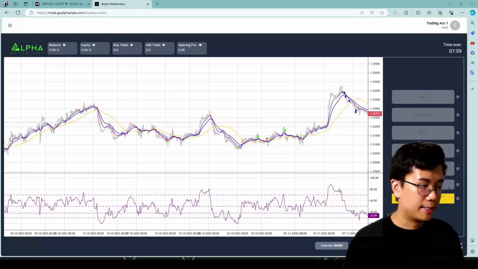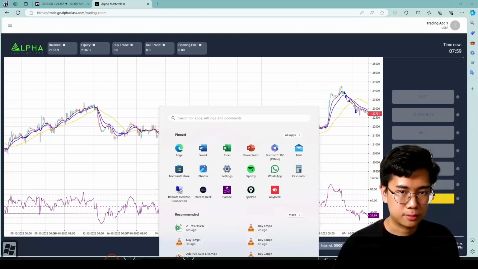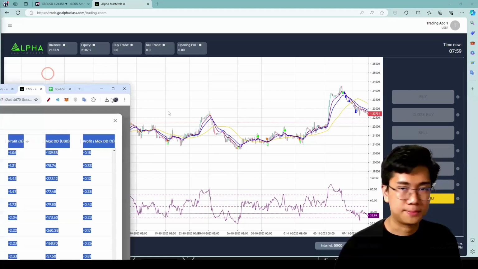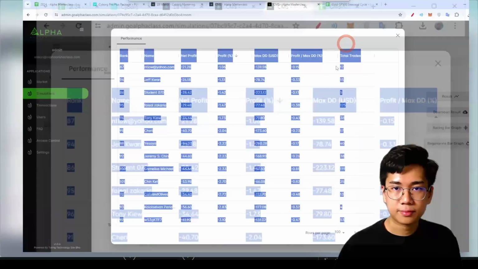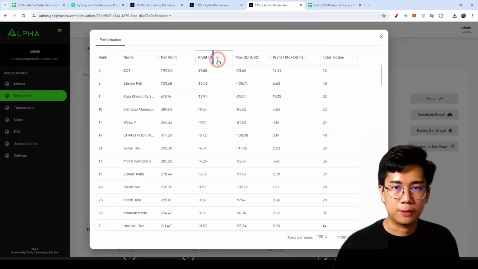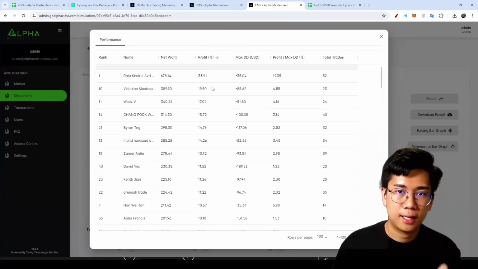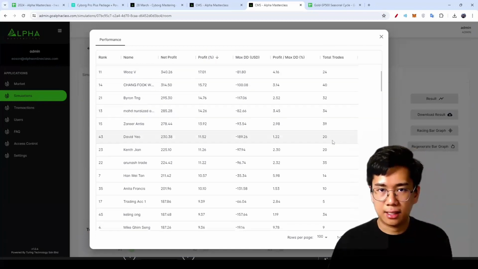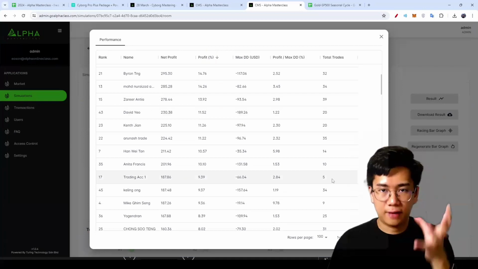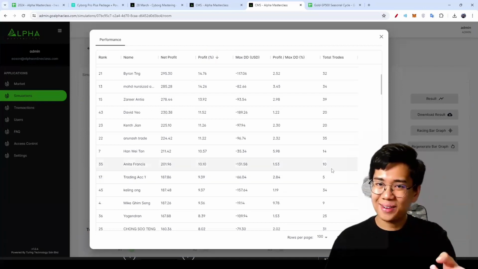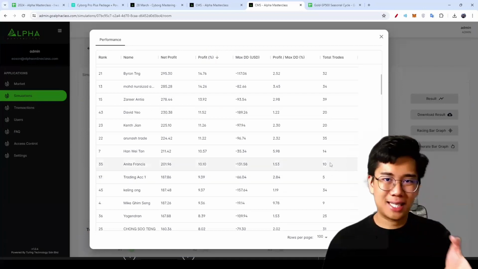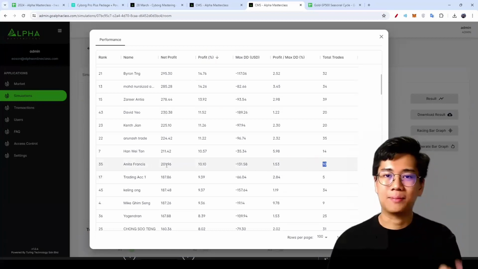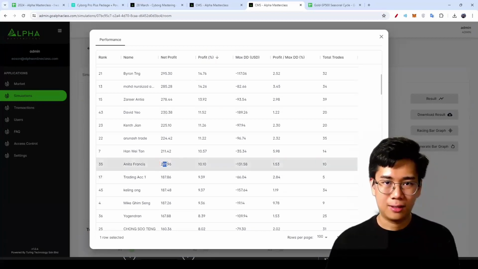And how about others? Let me give you guys some context. These are the top most profitable people, Steve, Raja. How many trades have they opened? 40, 20, and so on, and I only opened 5 trades. Anita, the one who made a mistake at first, used 10 trades and made about $200 profit.